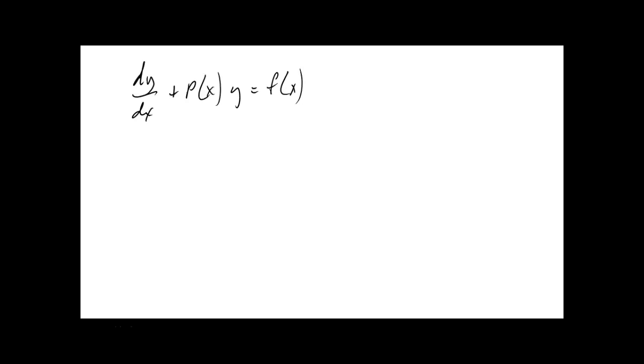This method of solution hinges on solving that equation. It hinges on the remarkable fact that the left-hand side of that equation can be recast into the form of an exact derivative of a product by multiplying both sides of that equation by a special function mu of x.